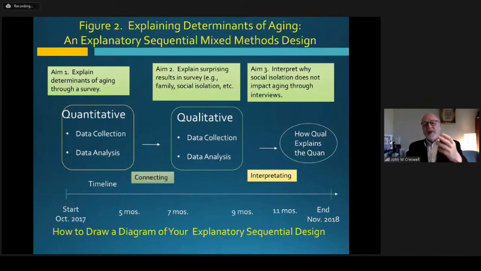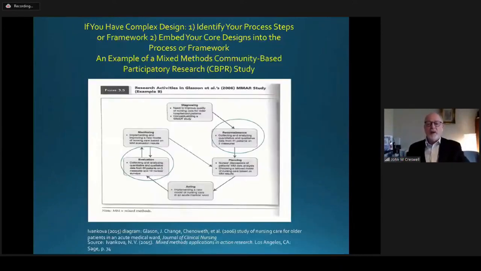So that's how I would begin to have you draw out your procedures for your core designs. What about if you plan to have a complex design, like embedding these core designs within an experiment or a community participatory research study? Well, this is a recent idea in the last few years that I think people have found very helpful.